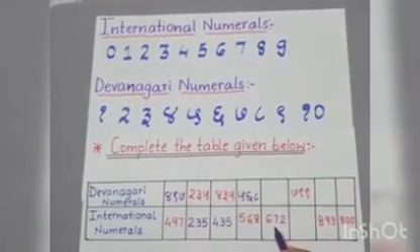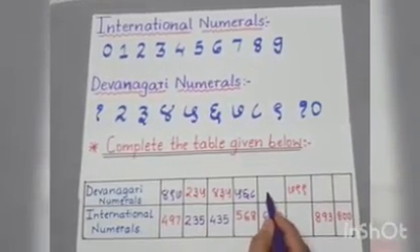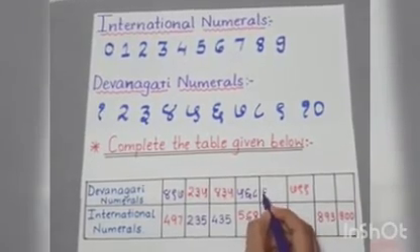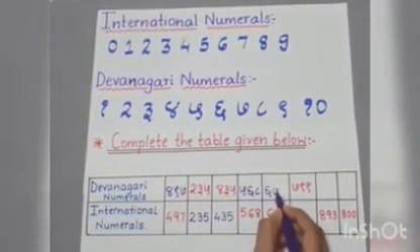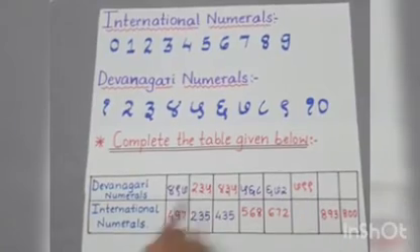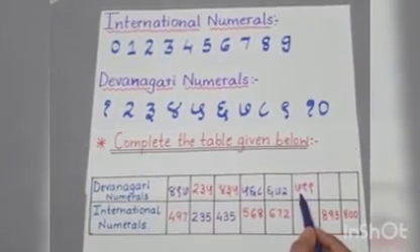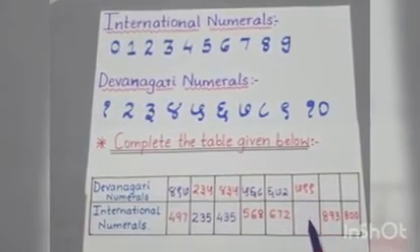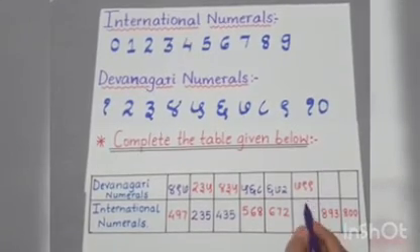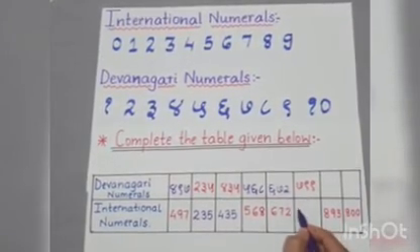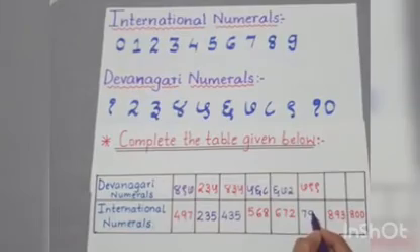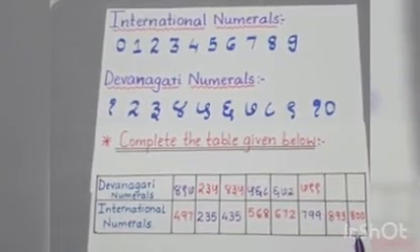Now again I have an international and I have to write in Devanagari. So 6, 7 and 2. Now I have in Devanagari numeral, I have to write it in English. So this is which number? 7, 9 and 9.